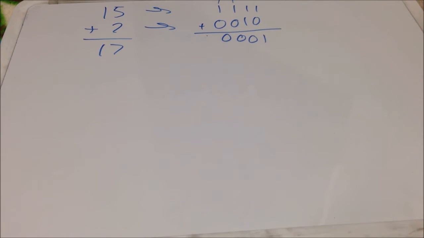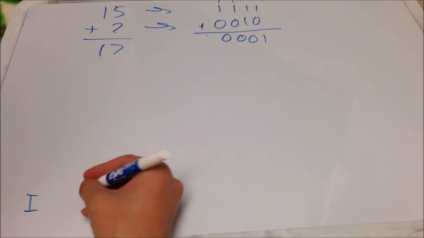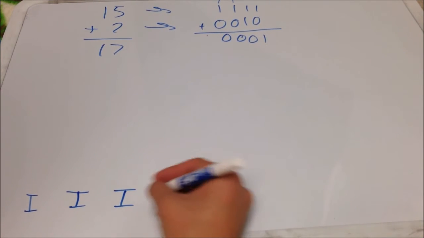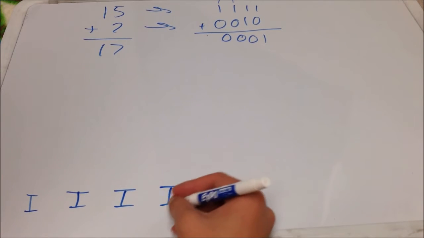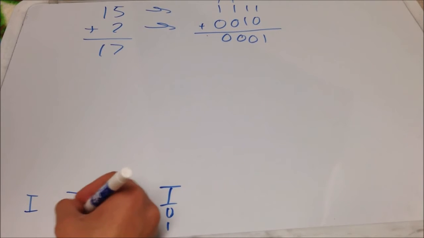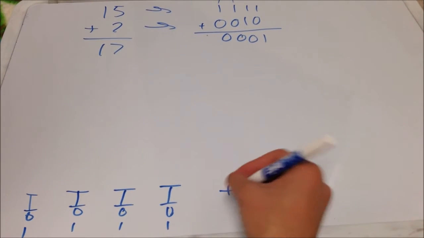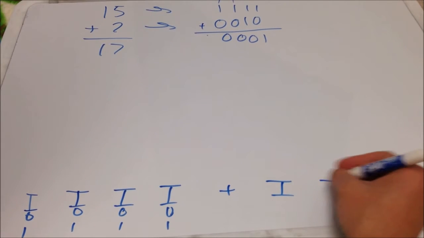For example, think of it this way. If you have 4 bit values, well, 4 inputs, that can be either 0 or 1, 0 or 1, 0 or 1, 0 or 1. And you're adding inputs from somewhere else.